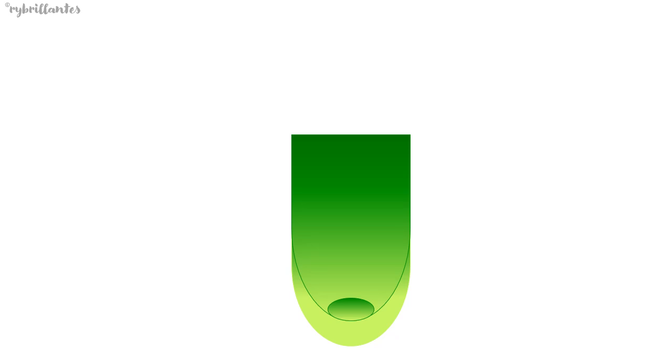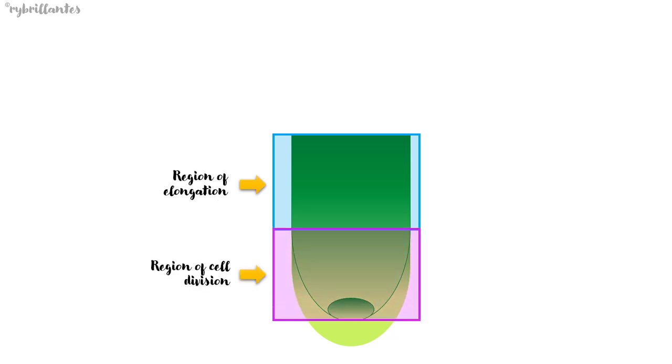We can see here that as new cells are being produced by meristematic cells in the region of cell division, which are now enclosed within the violet block, our cohort in the blue block are being pushed upward in the region of elongation. In the region of elongation, by the name itself, the cells enlarge and elongate.